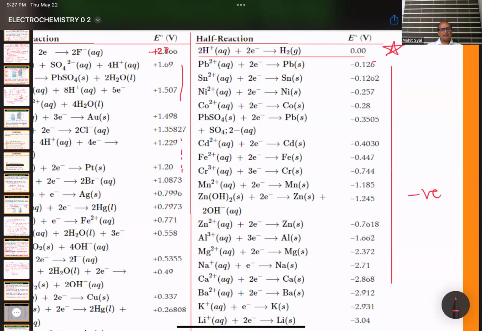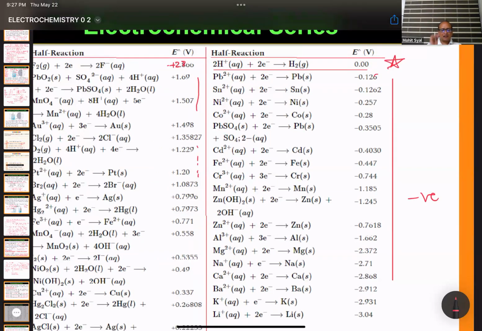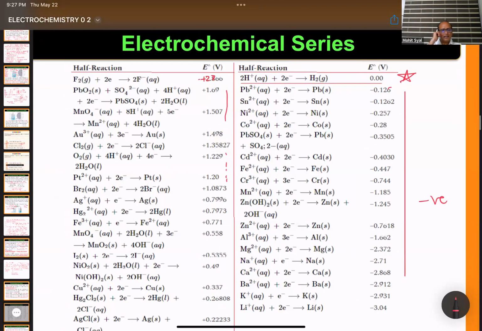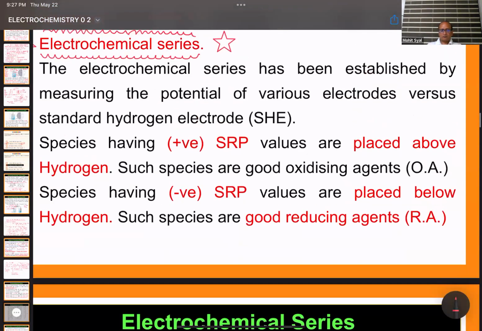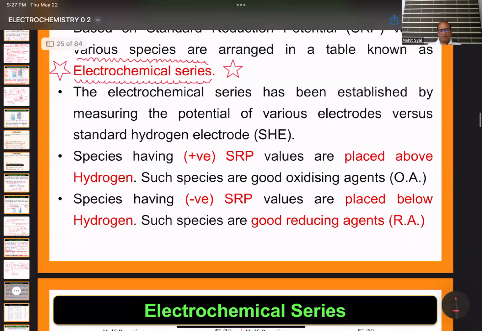Most of the metals do not want to accept electrons, as I said earlier, so most of the metals have negative SRP values, while non-metals and strong oxidizing agents have positive SRP values. Let's cover this on the next turn. This was very important, and all of you understood it and replied very well.